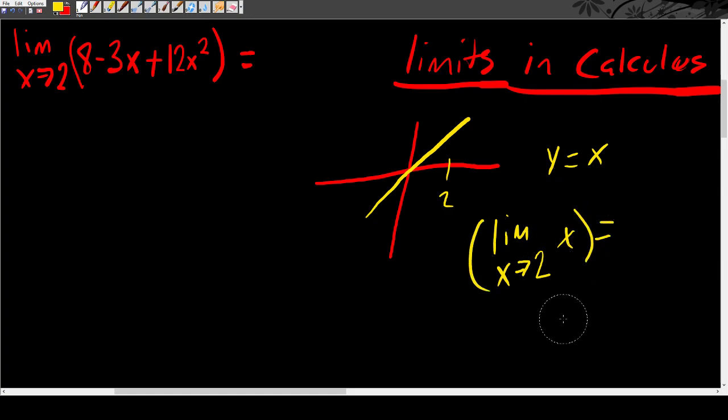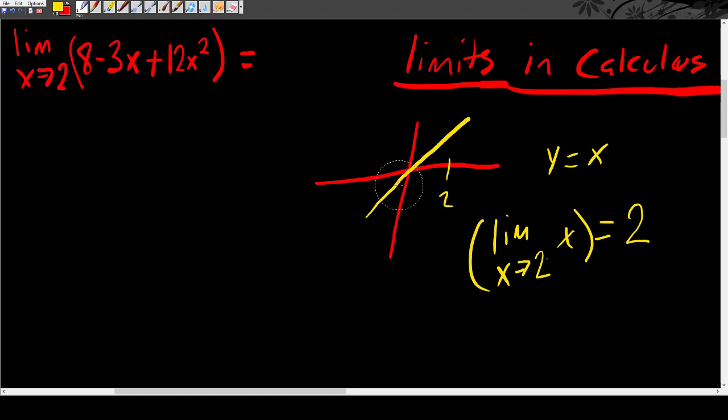What is this entire thing equal to? Well, looking at this, you just plug it back into y equals x. So it's 2, because as x approaches 2, we just plug whatever number is in here into x. So it's 2 for this instance.